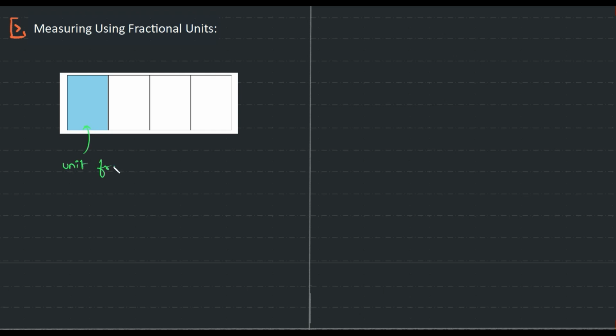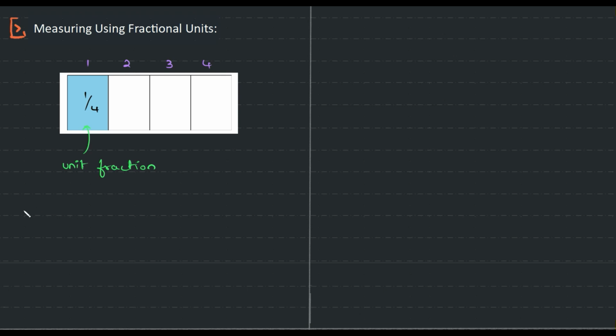This is a unit fraction. So there are 1, 2, 3, and 4. 4 parts. One of this is your unit fraction. Right?